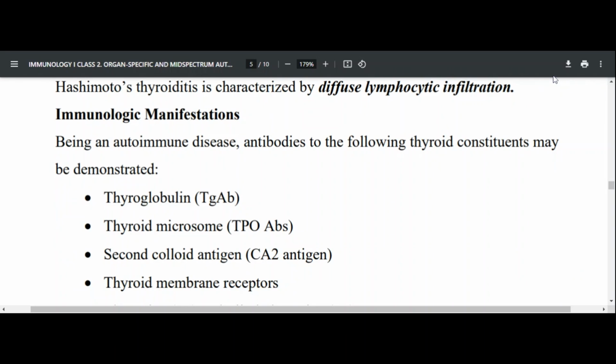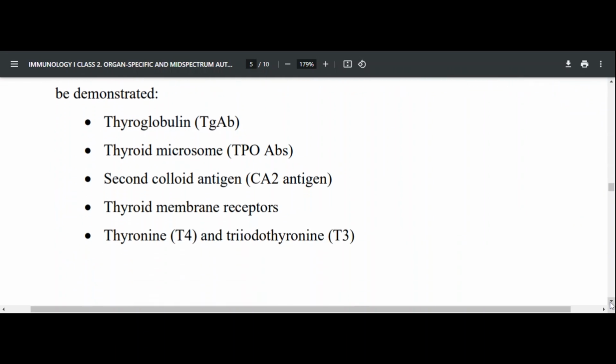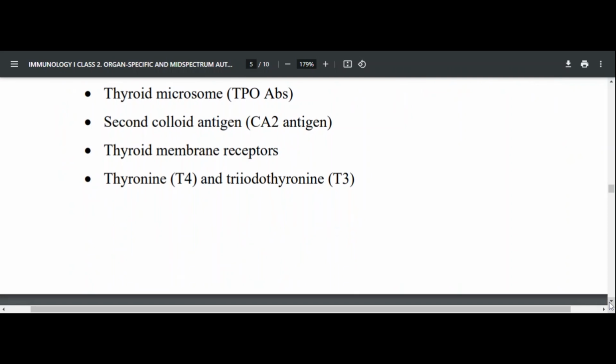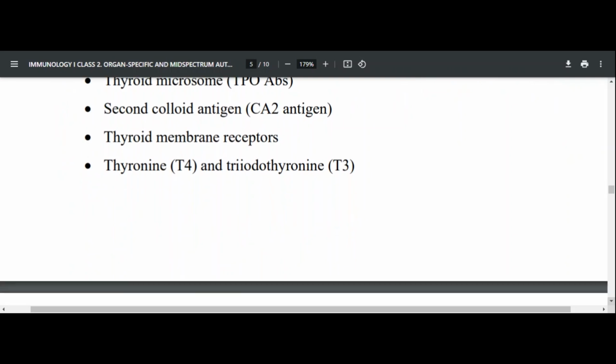We find this list of antibodies involved in chronic thyroiditis, and even antibodies that bind thyroxine and triiodothyronine. These are the hormones of the thyroid gland. We also have antibodies against these hormones, which is another finding in this autoimmune disease.